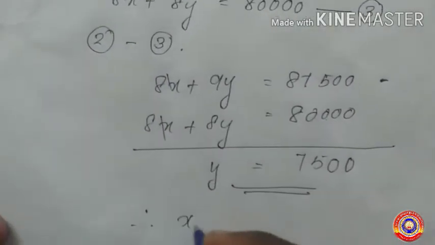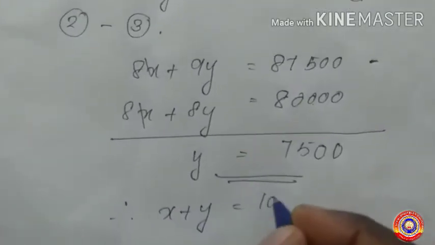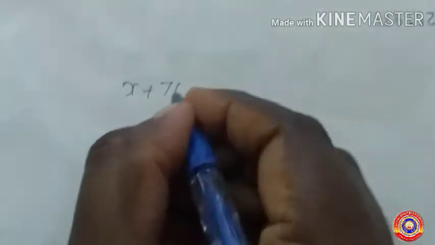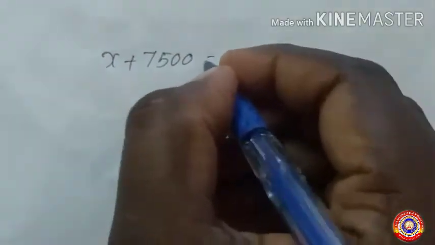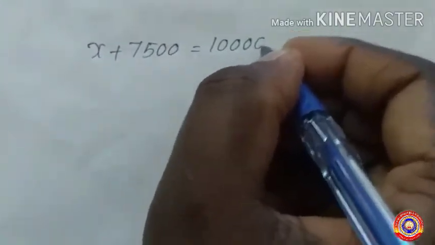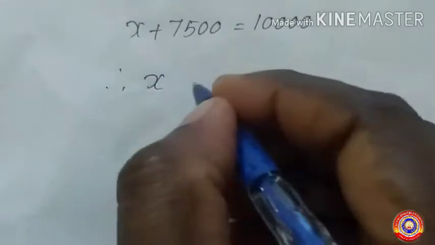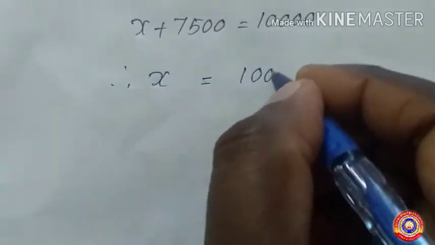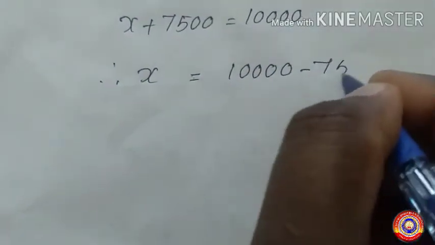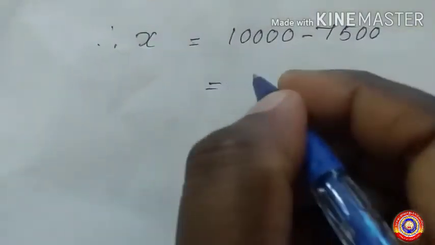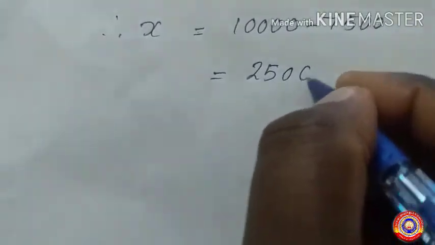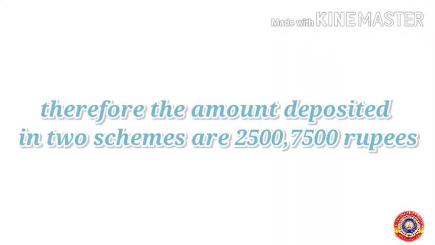Next, put the value of y in equation number 1. x plus y equal to 10,000. x plus 7,500 equal to 10,000. Therefore, x equal to 10,000 minus 7,500, so we get 2,500. From this, we can conclude that the amounts deposited in the two schemes are 2,500 and 7,500 rupees.